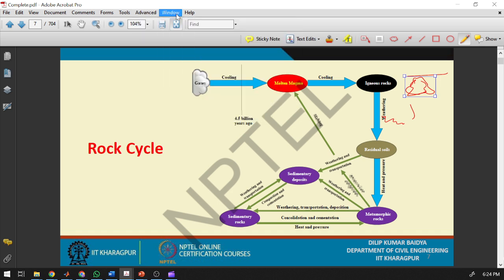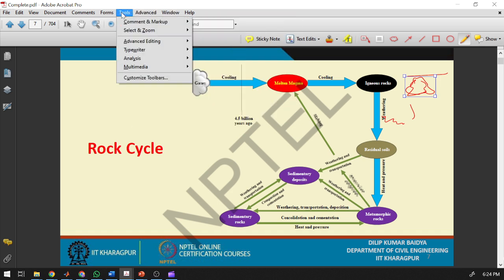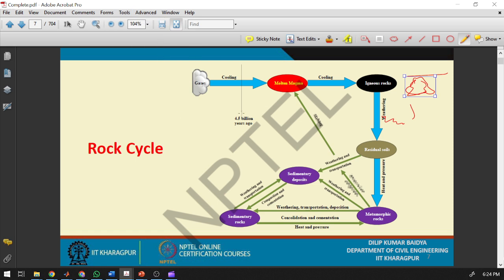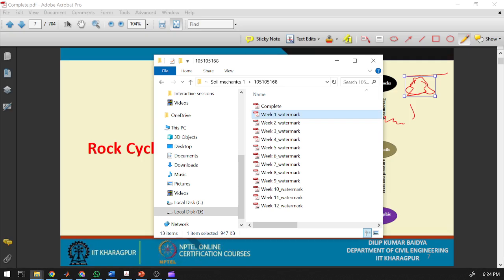Okay, I don't have that. Okay, it's okay. So let's just talk about this for now. What I can do is open another window side by side. Let me try to do that. Just a moment.